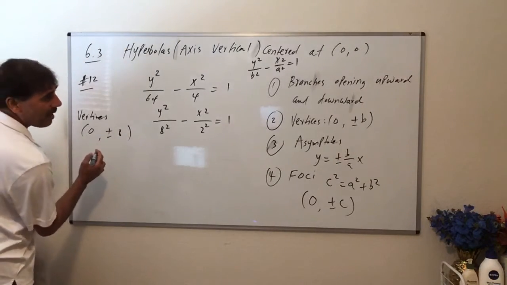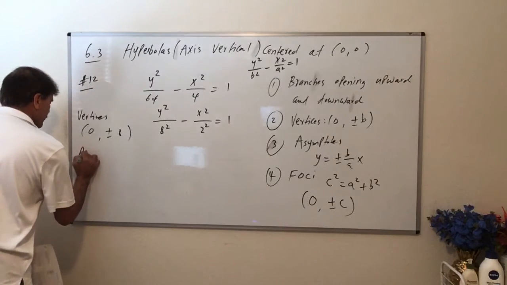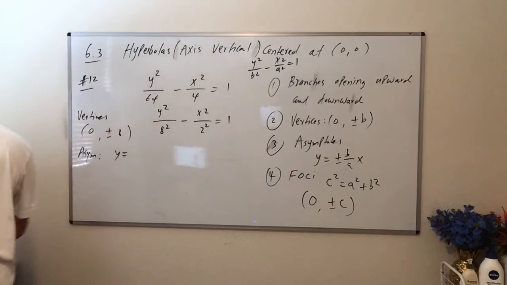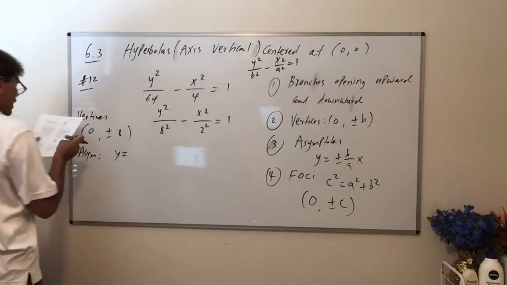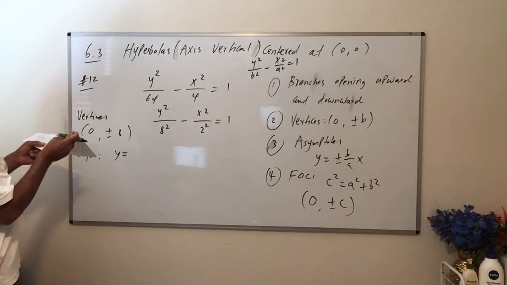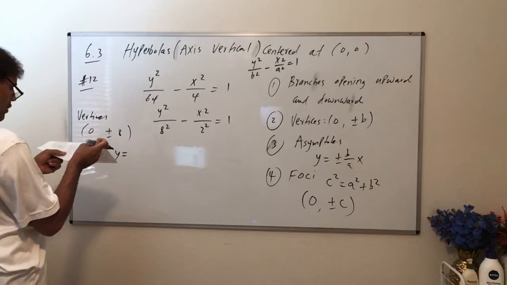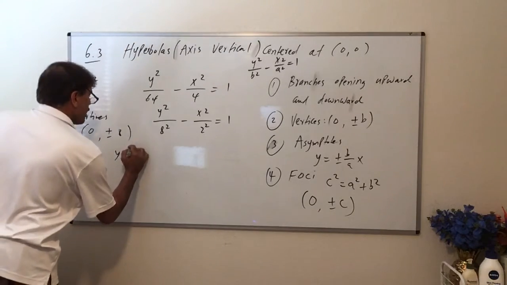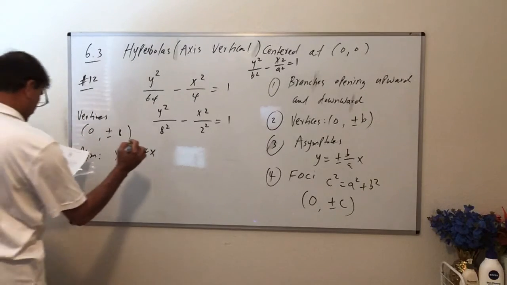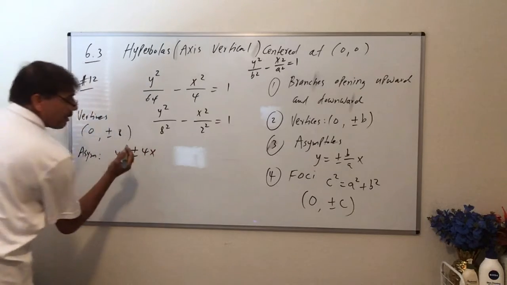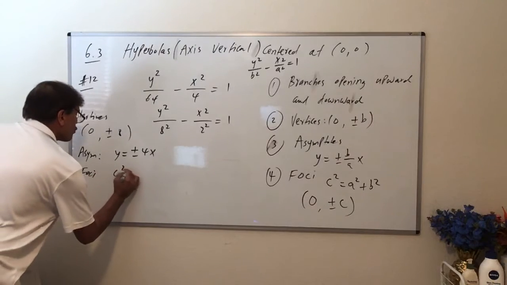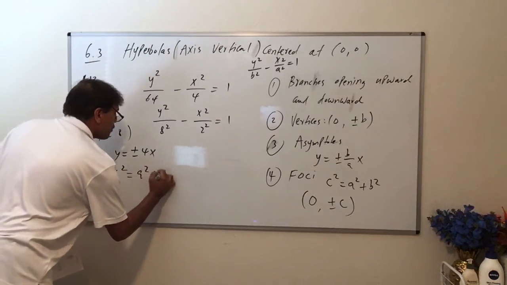And the asymptotes are going to be y equals plus or minus b over a x. In this case, b is 8, so 8 over 2 is plus or minus 4x. Then what's left over is the foci: c squared equals a squared plus b squared.